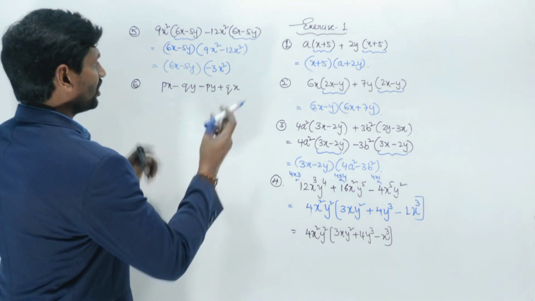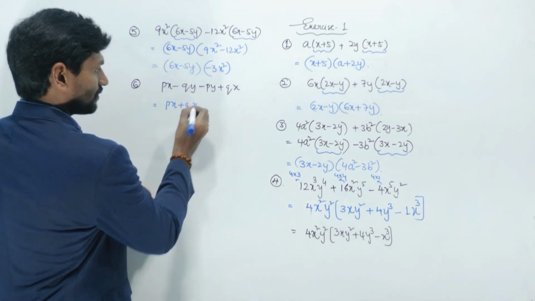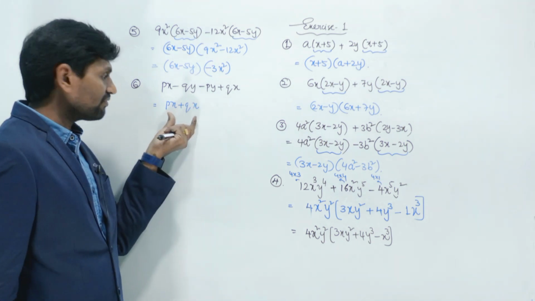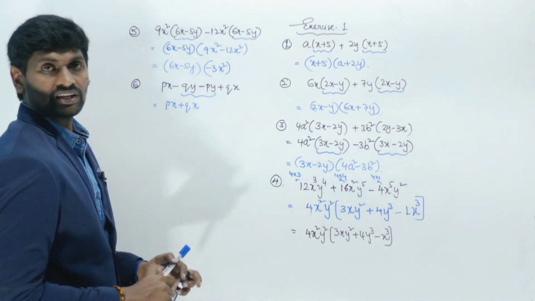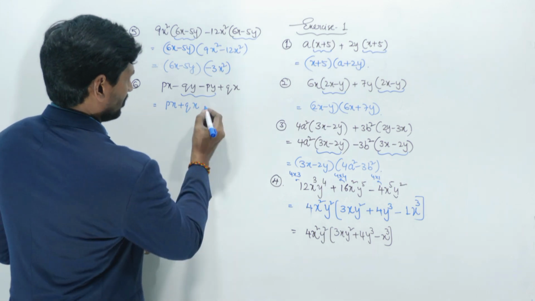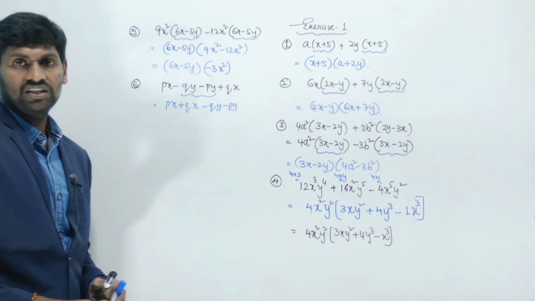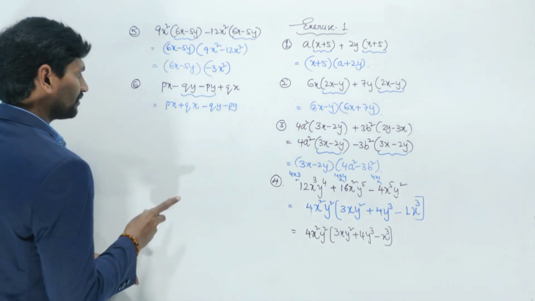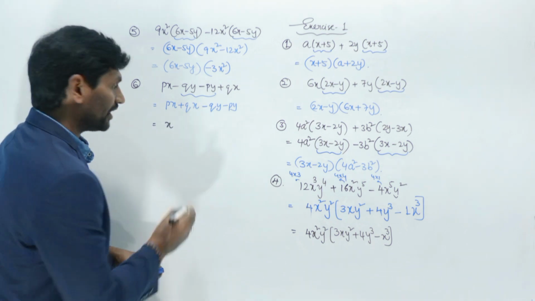Now I am writing the first one and the last one together, that is px and qx, because from both of these terms I can identify x as a common term. And the middle two terms, minus qy minus py, I write together. Now identify the common factor from the first two terms. x is a common factor.